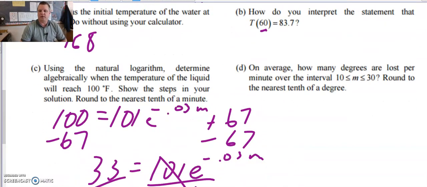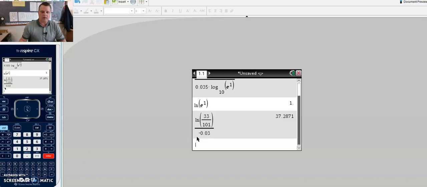Now, on average, how many degrees are lost per minute over the interval 10 to 30? Round to the nearest tenth of a degree. Okay, so we want between 10 and 30, so we need to find the output at 10 and 30. I want to show you where the e to the x is.